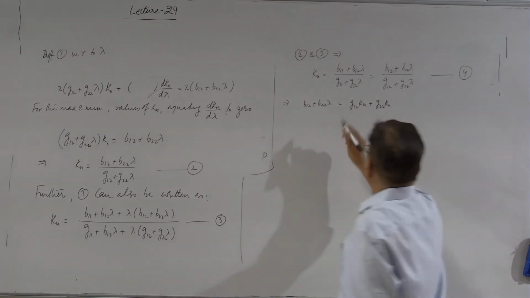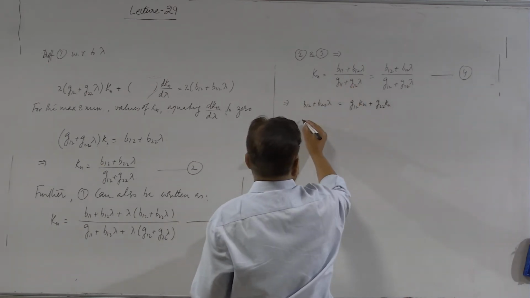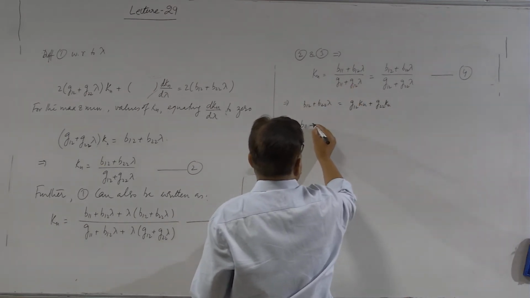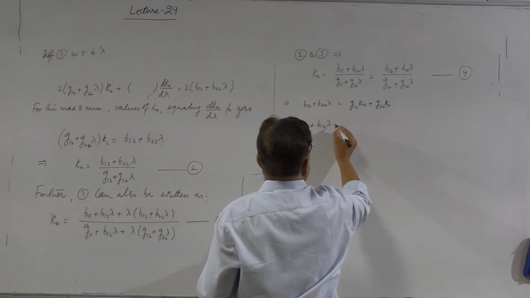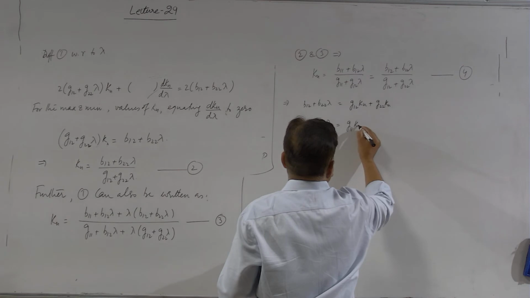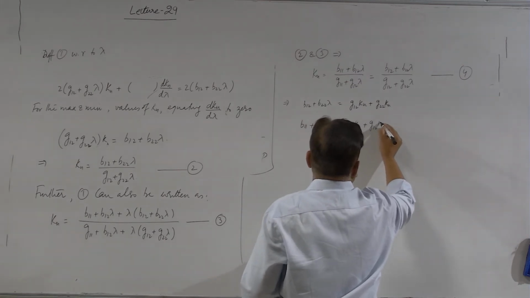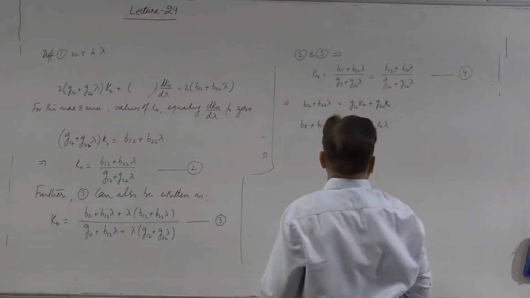And if I take the first and second term together, I will be getting B11 plus B12 lambda equal to G11 into Kn plus G12 Kn into lambda.